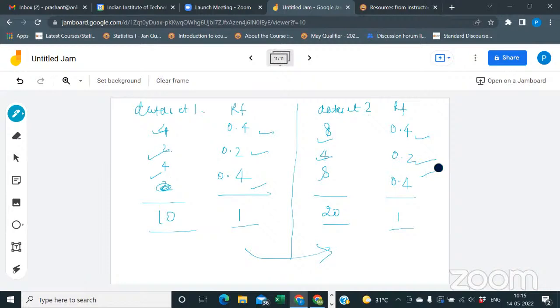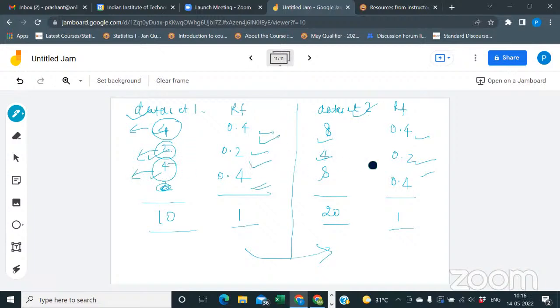Suppose you have one data set of hospital A and a data set of hospital B. You want to compare the relative frequency of number of deaths in hospital A and hospital B. These are the numbers of deaths for one department, this is for another, and this is for the other.